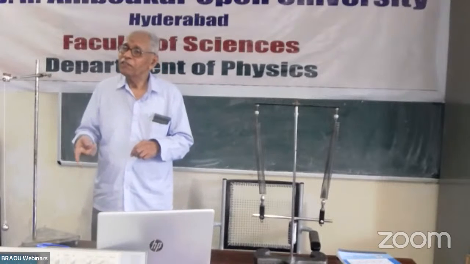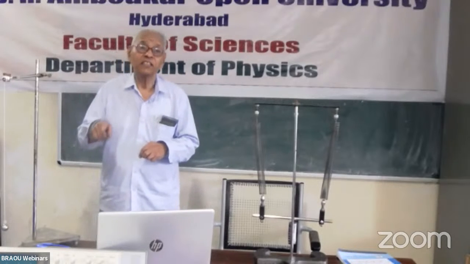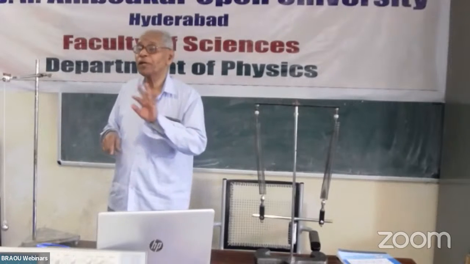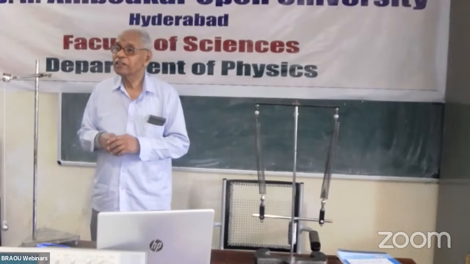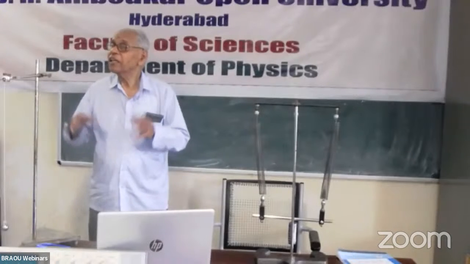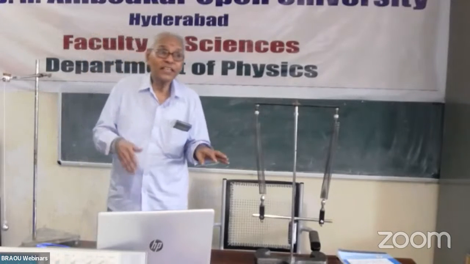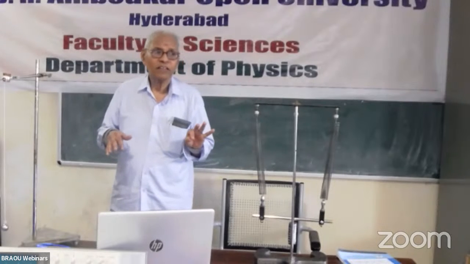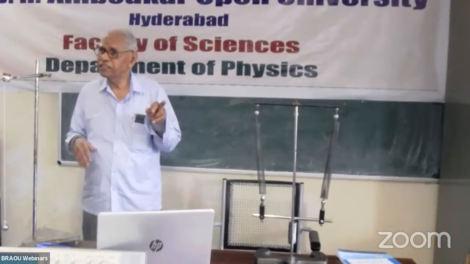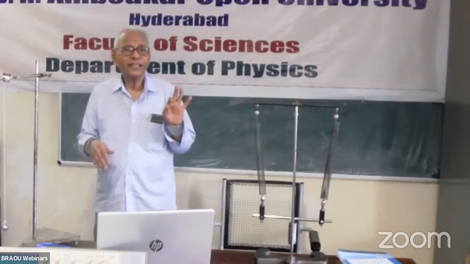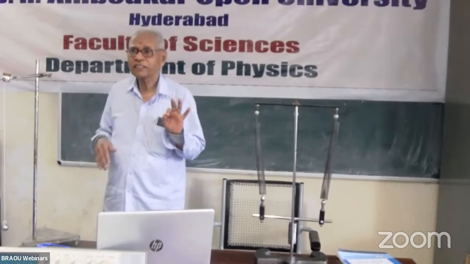So you have what is called diffraction also as a property of a wave. A wave can have an interference property. It can have a diffraction property. You have heard of diffraction? Anybody answers?